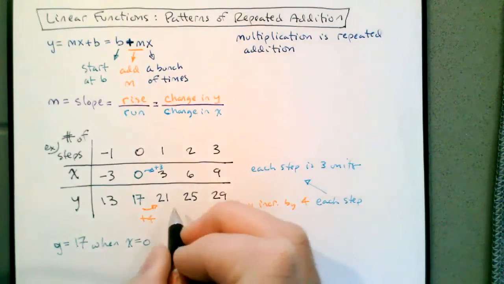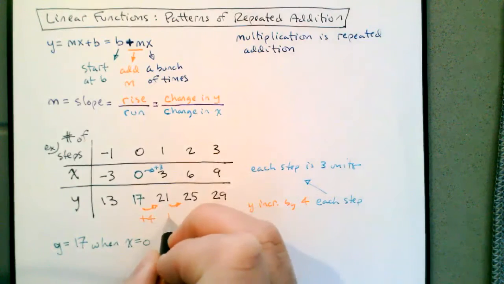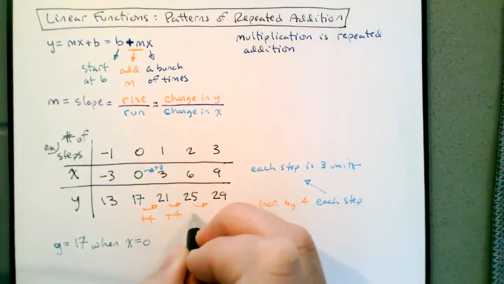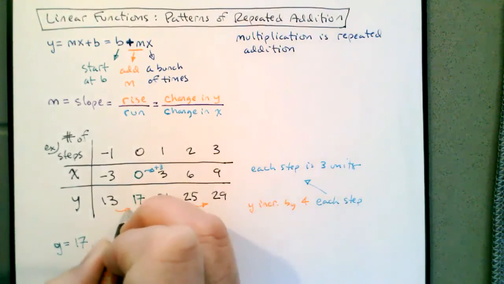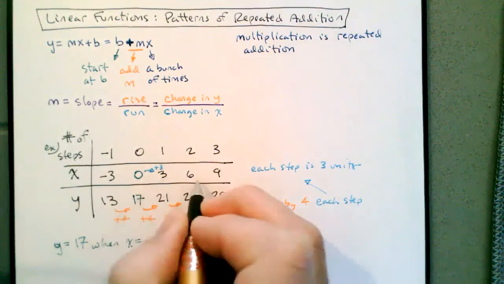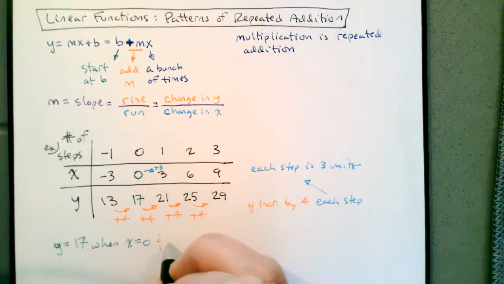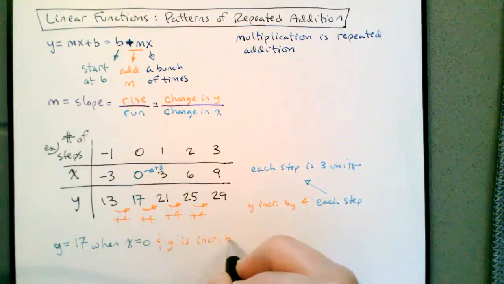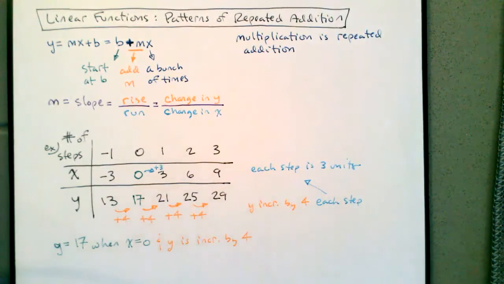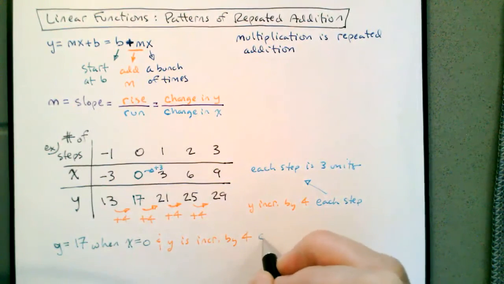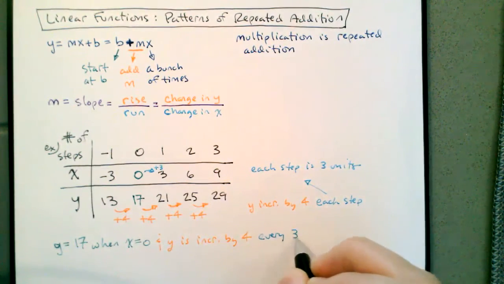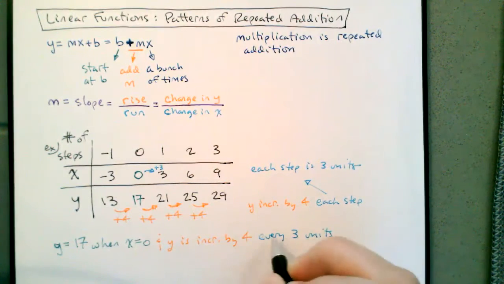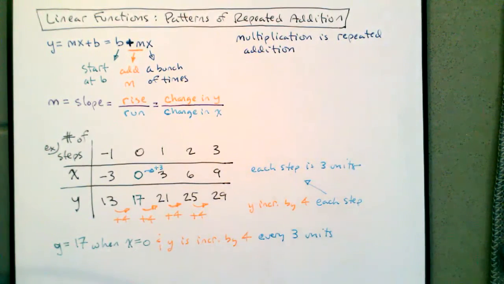And it looks like y is increasing by 4 every 3 units. So here are the 3 things that we need to describe a linear function.